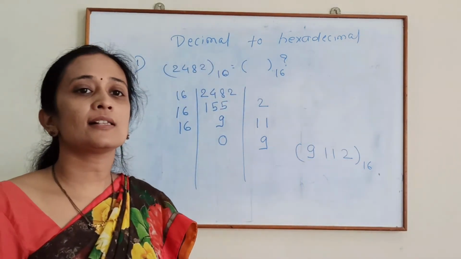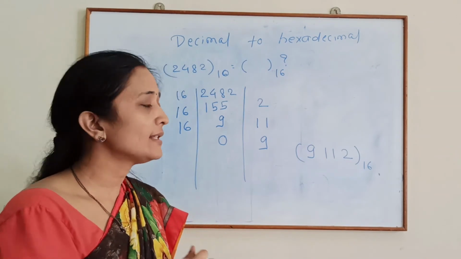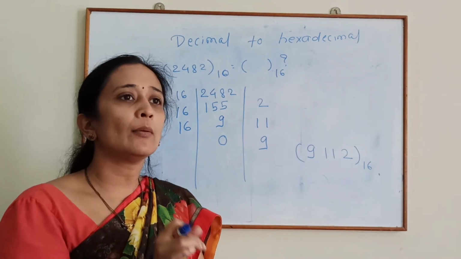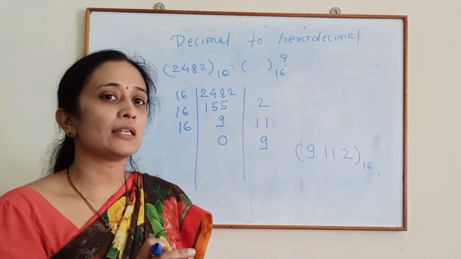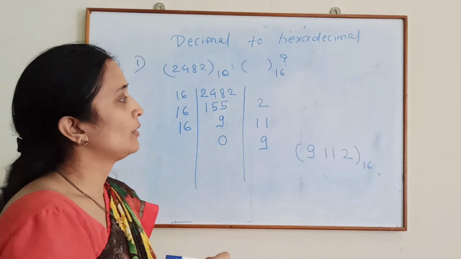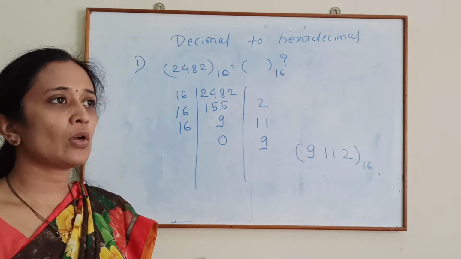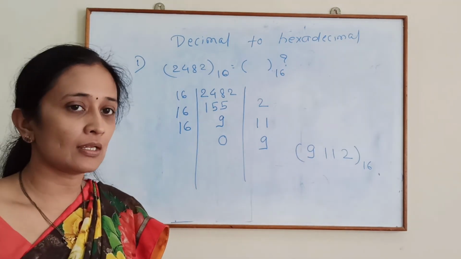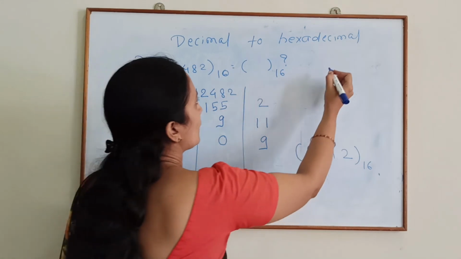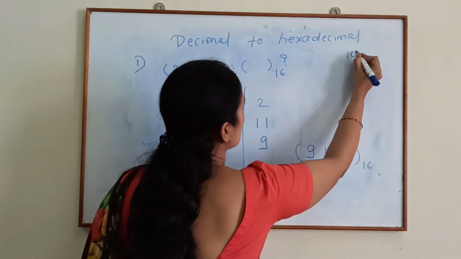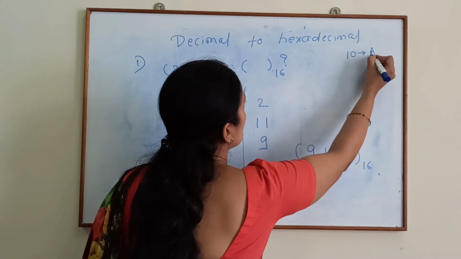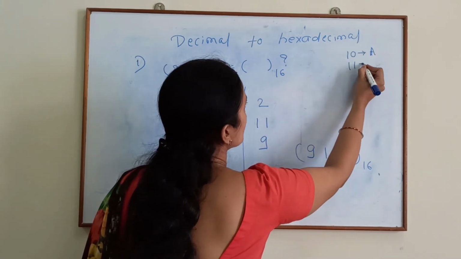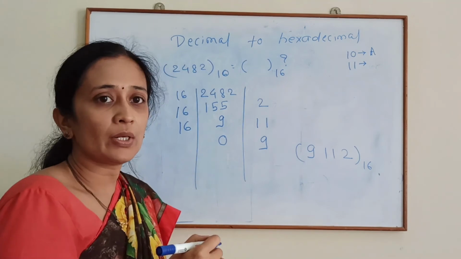But what is hexadecimal number system? Hexadecimal number system is the number system with base 16, and in this number system we can have numbers from 0 to 15. Only the difference is after 9, from 10, we have alphabets.